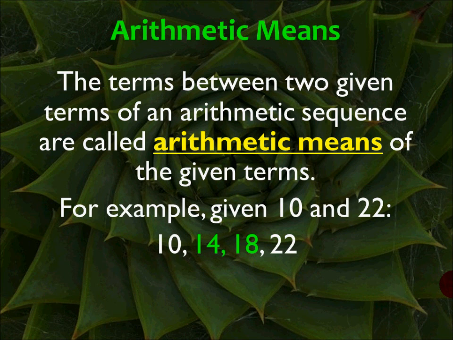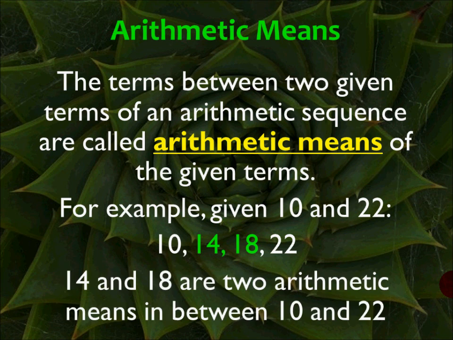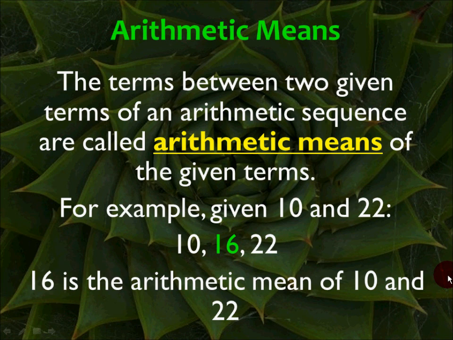Given 10 and 22, 14 and 18 are two arithmetic means between 10 and 22. Again, notice the differences between all four numbers this time are equal. And lastly, the single arithmetic mean is merely the average of 10 and 22. Again, the same difference between the first, the middle, and the last numbers.